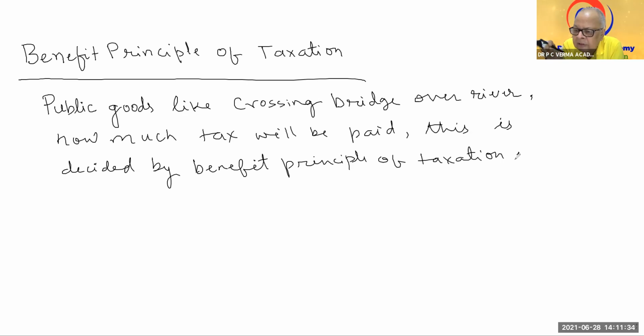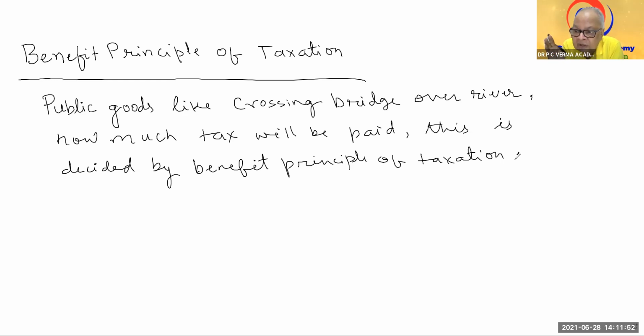Welfare motive: pedestrian no tax, two-wheeler no tax, bicycle no tax.